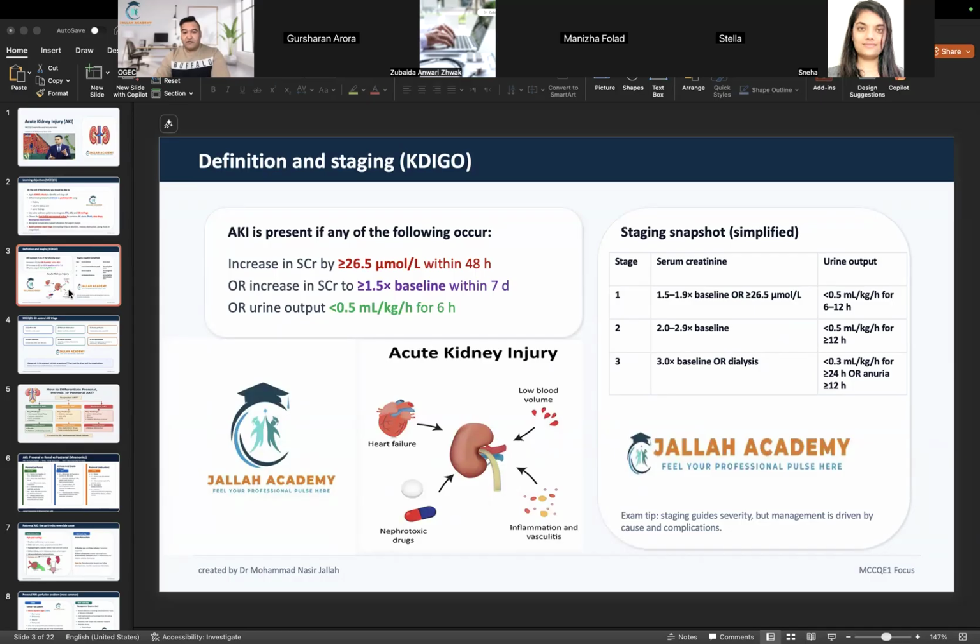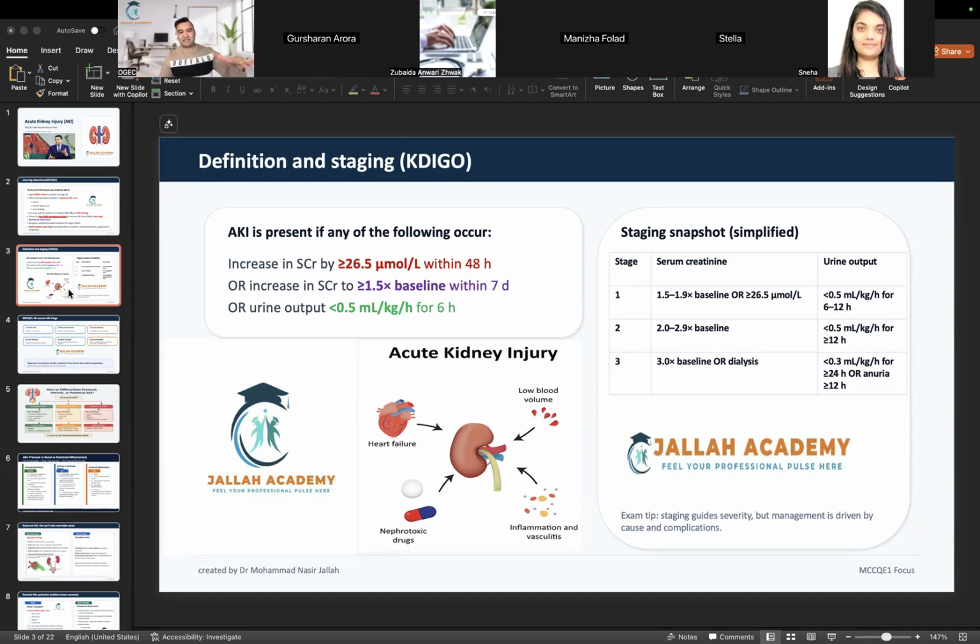All right, so a very, very important slide. You have acute kidney injury if one of these is present. For example, when you do the serum creatinine, it is more than 26.5 micromole per liter within 48 hours. Or there is an increase by 1.5 times the baseline.